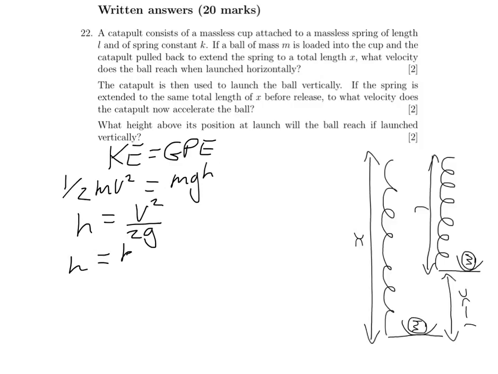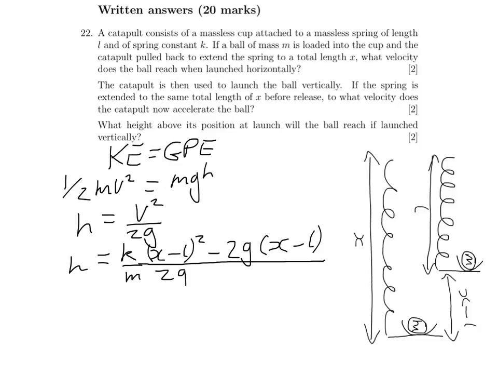So if we use the expression we had for v squared from the last question, then what we have is k over m (x minus L) squared minus 2g(x minus L), but we've also got that 2g, so let's put that at the bottom of the fraction as well.